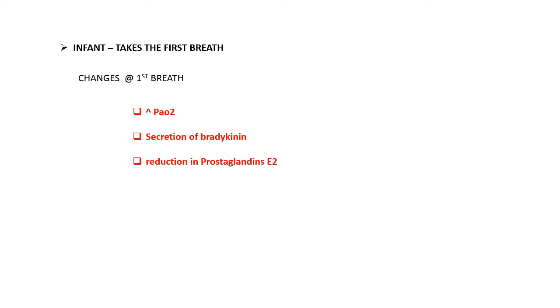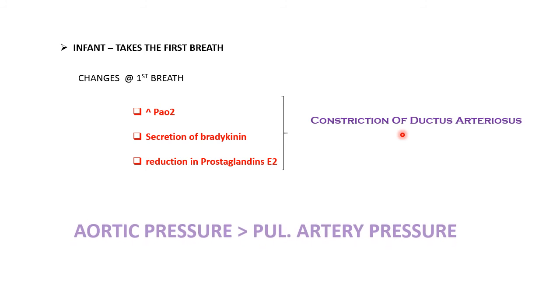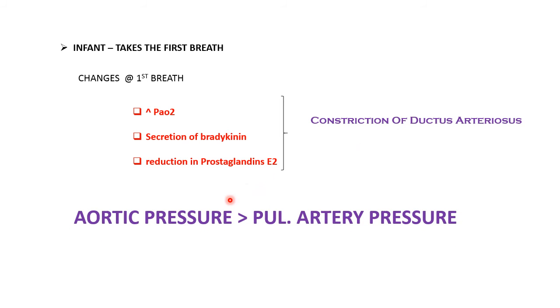So what are all the changes? First one, the infant takes the first breath. What are all the changes at the first breath? It means the increased partial pressure of oxygen and secretion of bradykinin and reduction in prostaglandin E2, which constricts the ductus arteriosus. So once the ductus arteriosus is constricted, the aortic pressure increases above the pulmonary artery pressure.